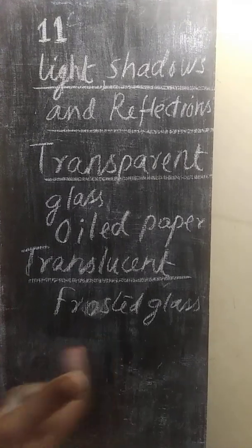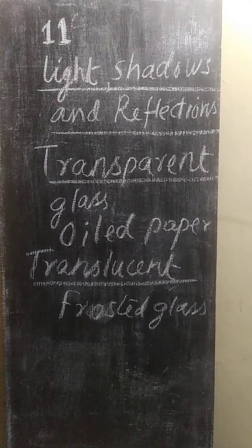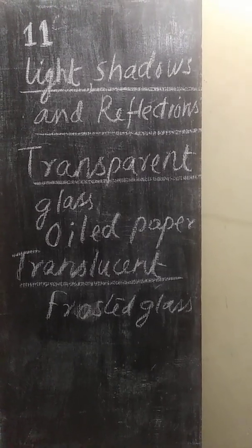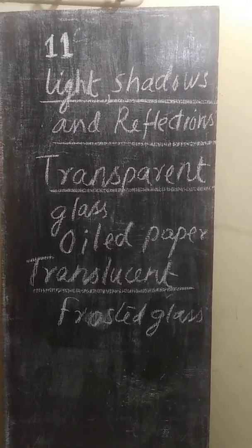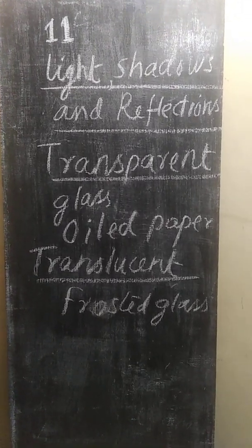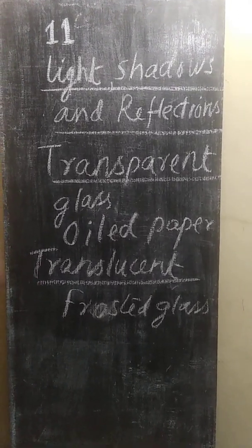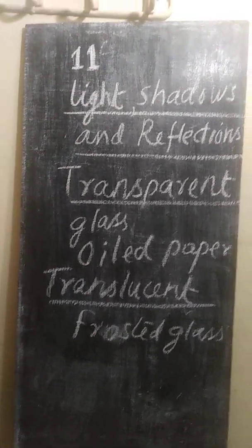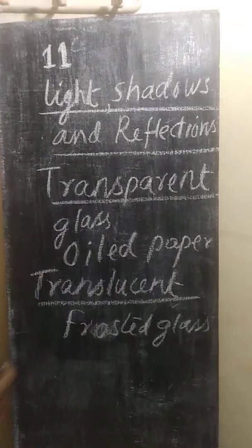We cannot see other things, or the people outside the bathroom, but we can see them faintly, or we cannot see clearly through the frosted glass. Or we call that flint glass. These are the type of glasses we use in bathroom windows. So that is a translucent object.